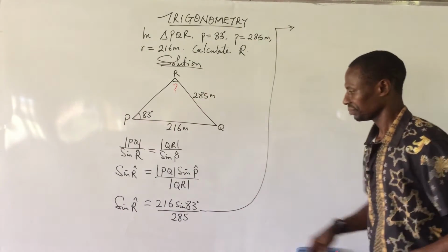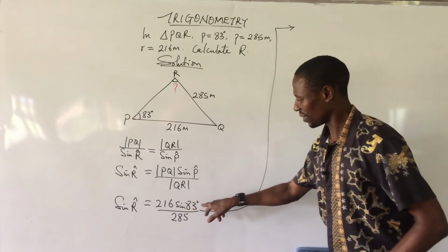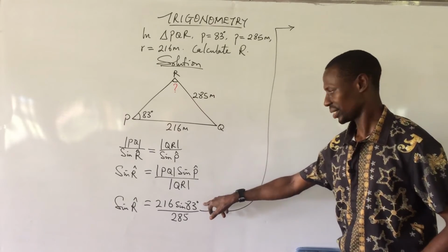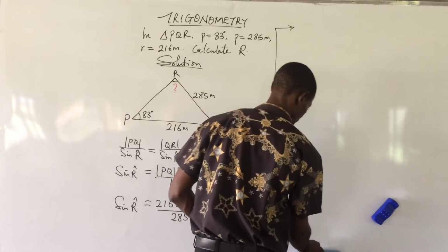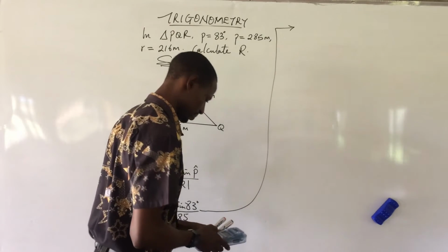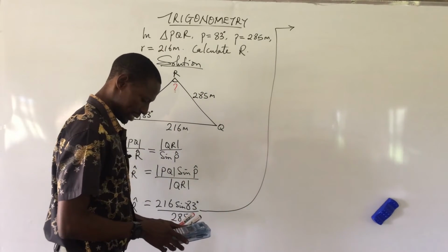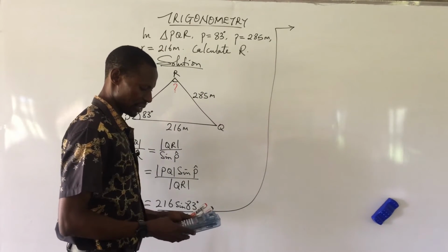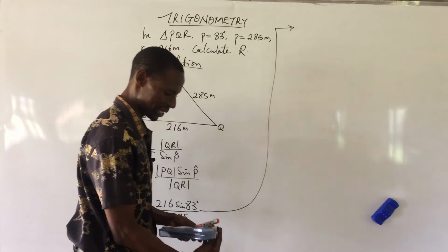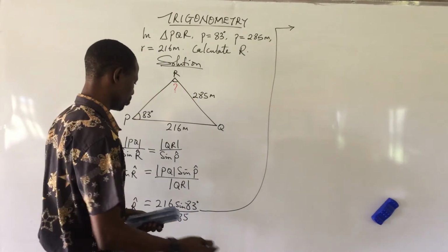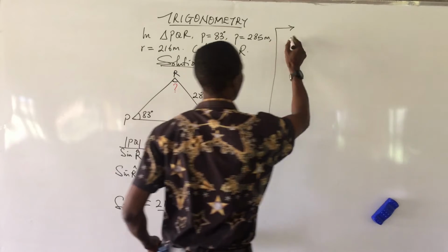All right. We now look for the value of sine 83 degrees. So let's go to our calculator. Sine 83 degrees is 0.9925. So we bring out our R here.